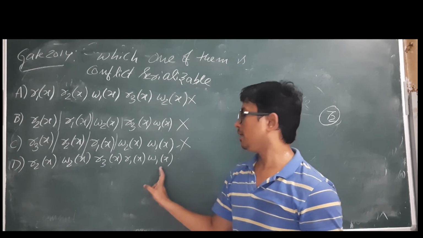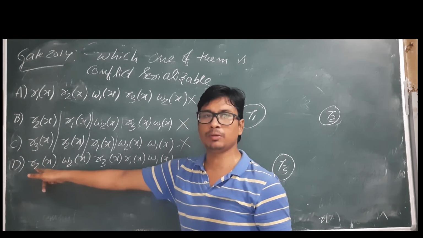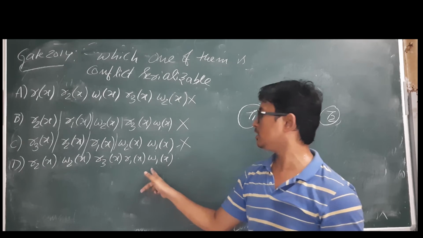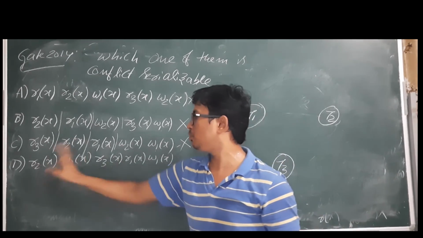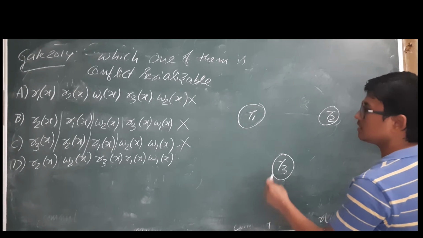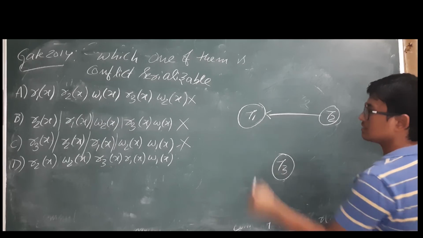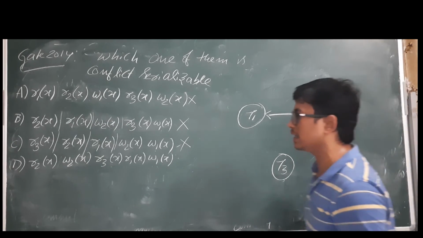R2, W1, it is a conflict operation because R2 is performed in transaction 2 and write is performed in transaction 1 and both are performed on the same data item X. So there will be an edge from transaction 2 to transaction 1.